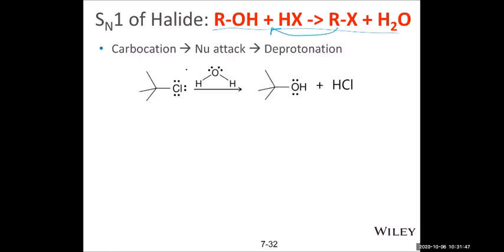Since chloride is a good leaving group by itself, the first step is very simple: just dissociation. After the leaving group departs, it forms the carbocation in the first step. The other product is chloride ion, so you lose chloride ion in this reaction.